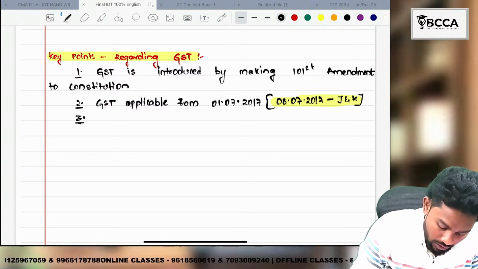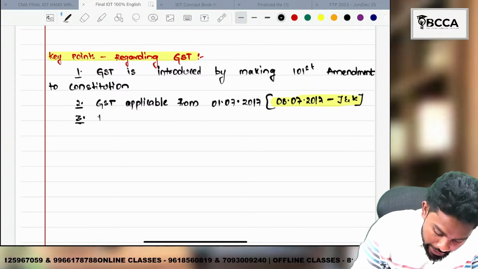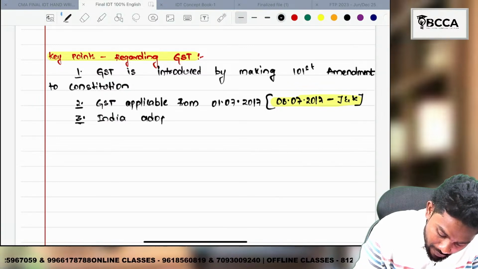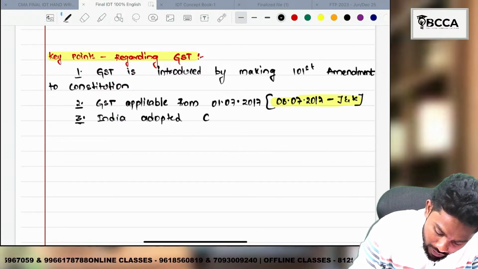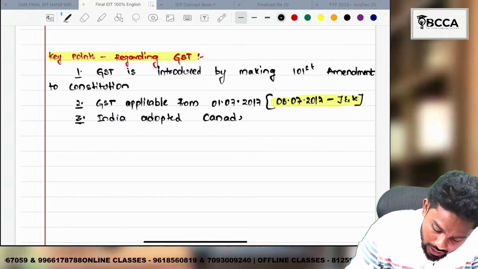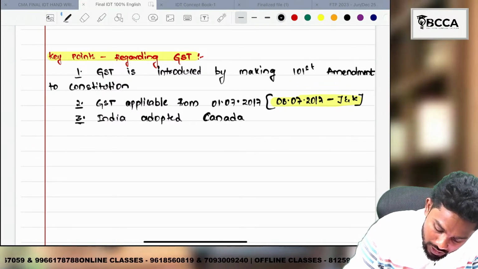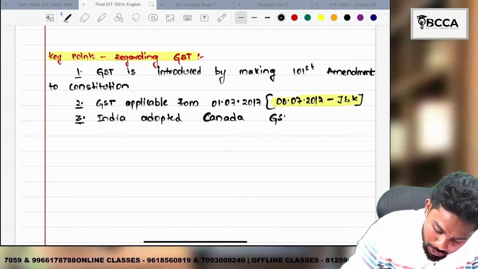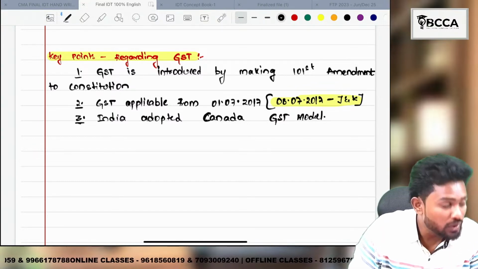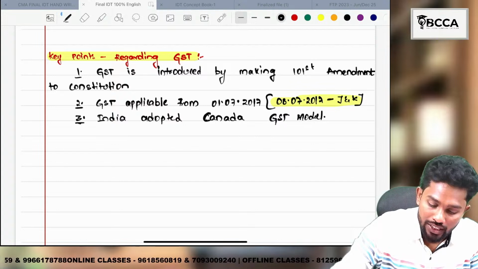Then, India adopted Canada GST model. However, Canada is not the first country to introduce GST. Which is the first country to introduce GST?